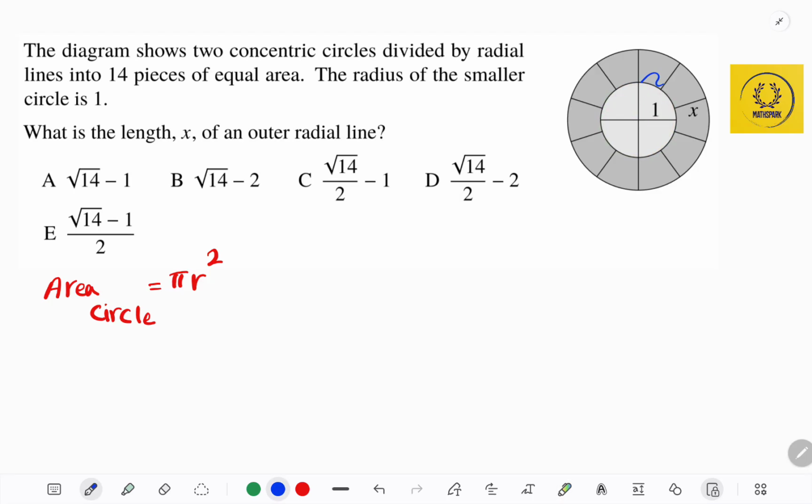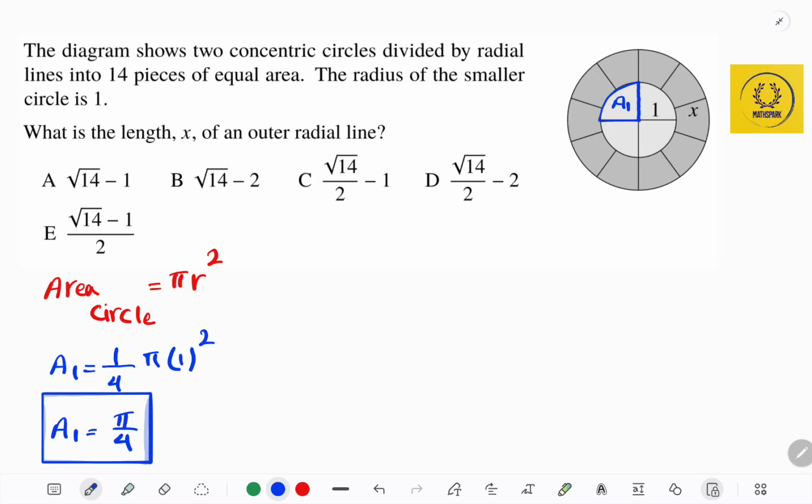Let's call the area of this part A1. So A1 is 1/4, because this is a quarter circle, times pi r squared, and r is the radius, which is 1 here. So A1 is pi over 4.